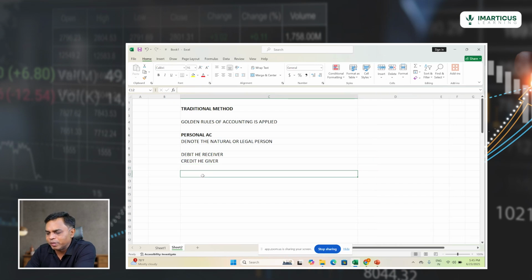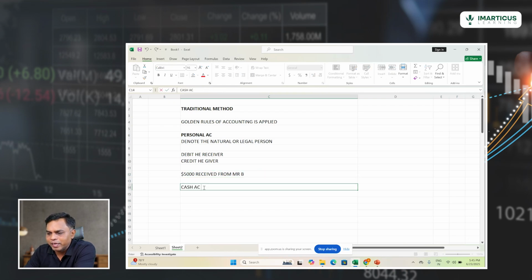Let's say, for example, $5,000 received from Mr. B. Here, Mr. B is the giver. So the transaction will be: cash account debit, which comes in, and you need to credit Mr. B. This is where Mr. B is considered a giver, so he is credited.